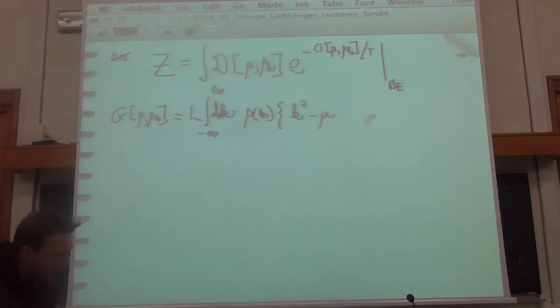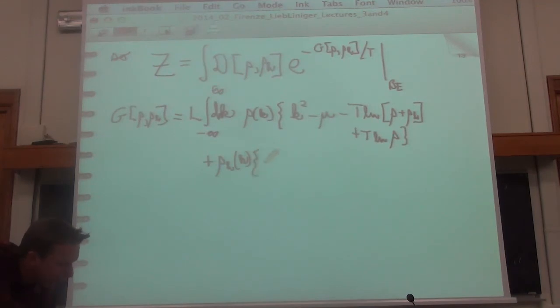And then you have some other junk that comes from the Yang-Yang entropy: T log of rho plus rho hole plus T log of rho. So that goes into this parenthesis here. And then there's a plus rho hole.